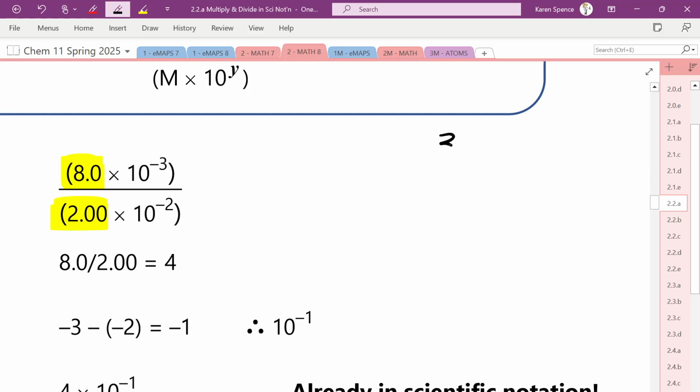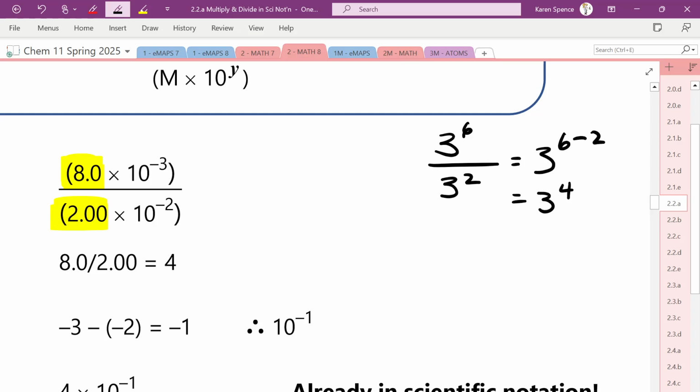If I said 3 to the 6 divided by 3 to the 2, what would that equal? What do we do with exponents when we divide? We subtract them. So it would be 6 minus 2, so 3 to the 4.